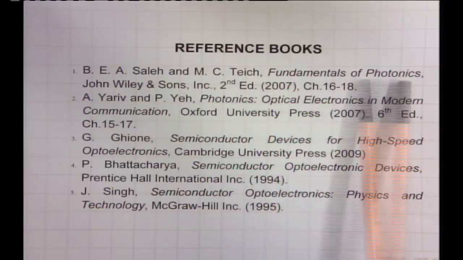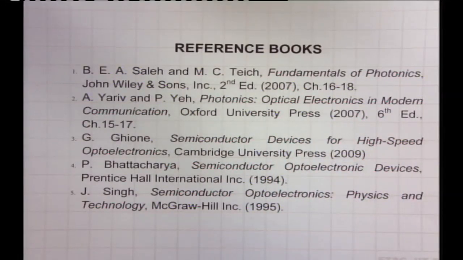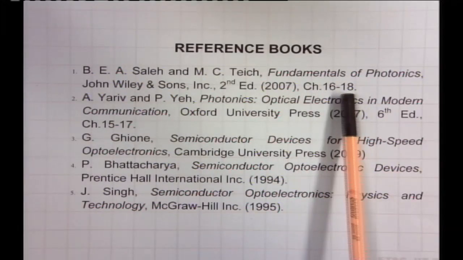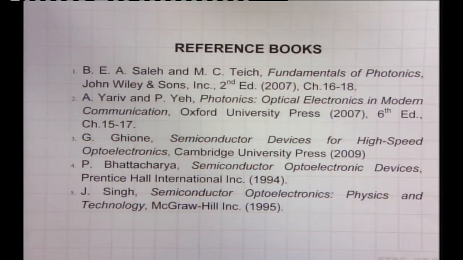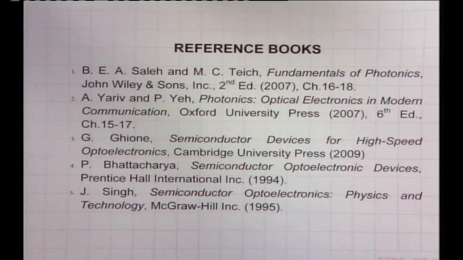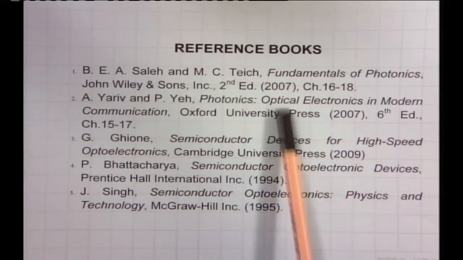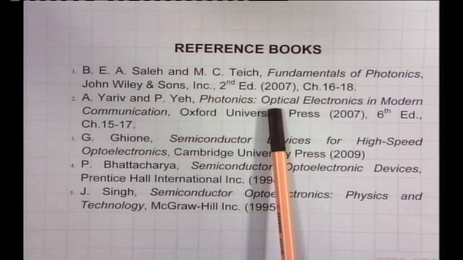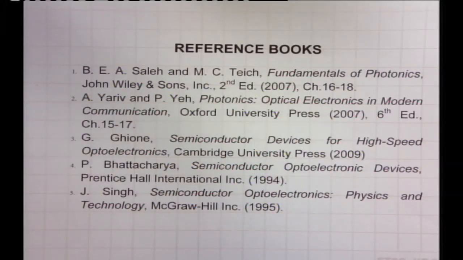This covers most of the photonic sciences and technologies, but chapters 16 and 18 primarily deal with semiconductor optoelectronics. Yariv, Photonics: Optical Electronics in Modern Communication, the 6th edition of the original book Optical Electronics of 1970, the first book. Here again chapters 15 to 17 would be useful.